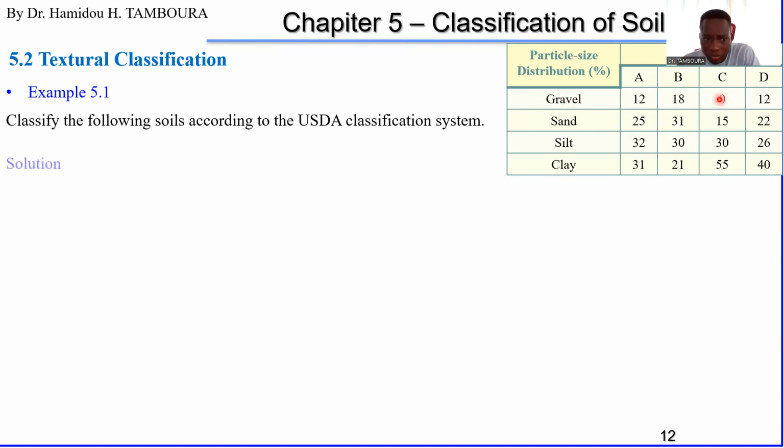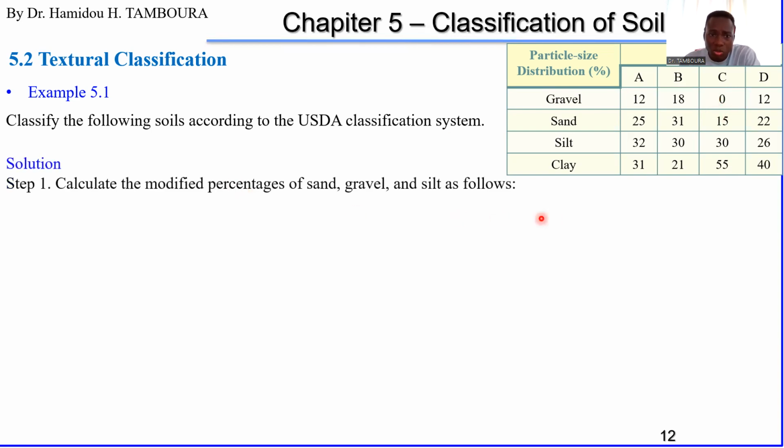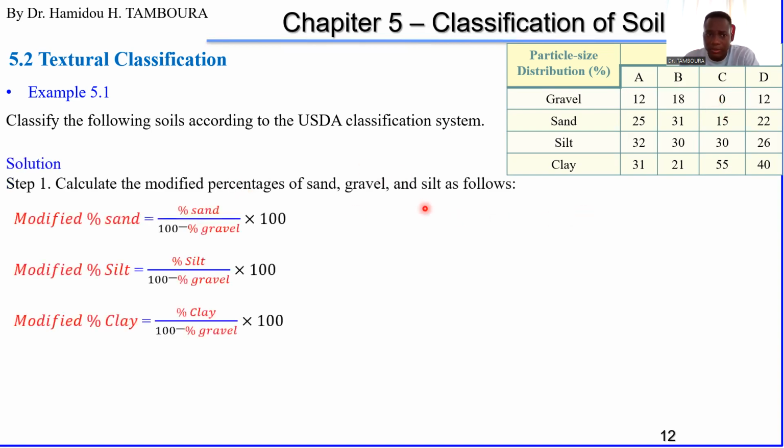Okay, so the first step you should do is to modify the percentage, to correct the percentage. So I'm giving the formulas here. So percentage of sand multiplied by 100. On the previous slide, the 100 was here, divided by 100 minus percentage of gravel.